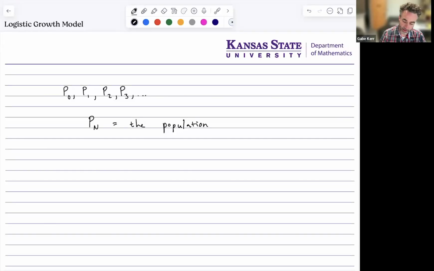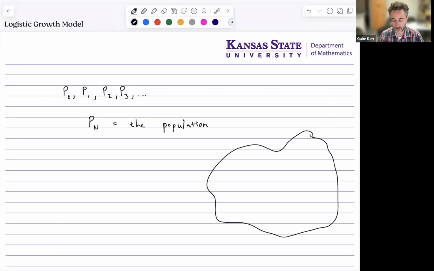So the idea is if you have some kind of island, say, and you have some species living on the island, then maybe at one time you have a few organisms, and then at a certain point they grow, and then at another generation they grow again.